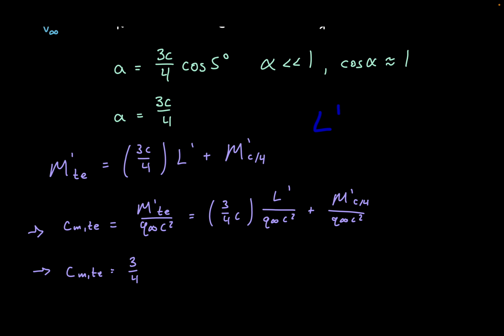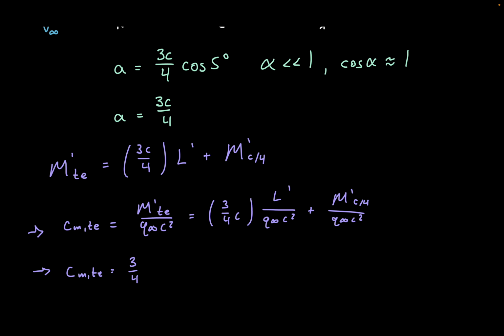Well, we know that L prime is equal to q infinity C_L times c, where C_L is our coefficient of lift, q infinity is our dynamic pressure, and c is our chord length. So if we divide by q infinity times c squared, we'll be left with a factor of c in the denominator, but that'll just cancel with that c.